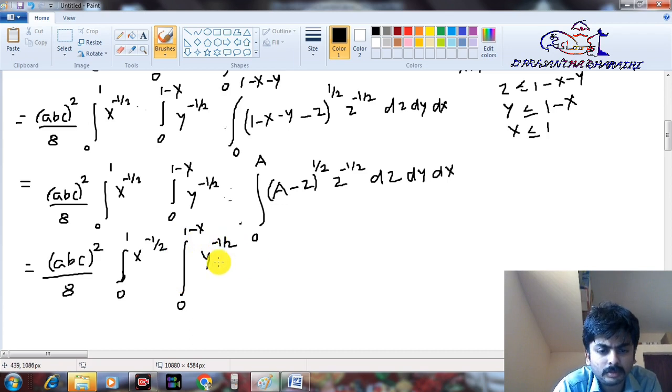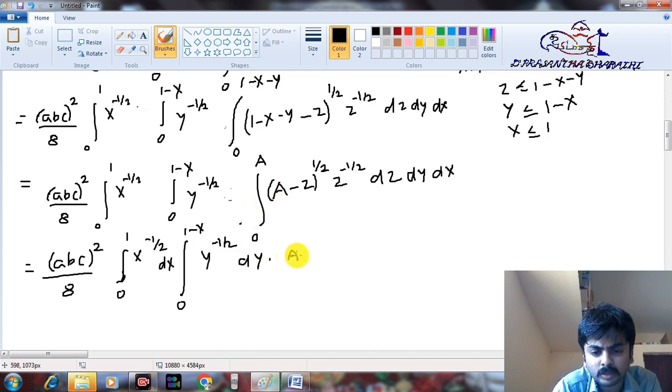Now I am separating everything. You can separate in previous steps itself, but I am separating now; it is our wish, we can separate it at any time. I am separating now because I am going to take this A outside separately, otherwise it would cause confusion.